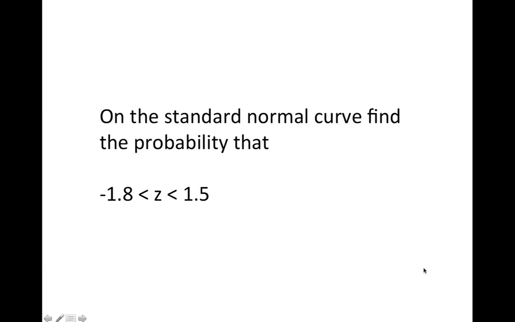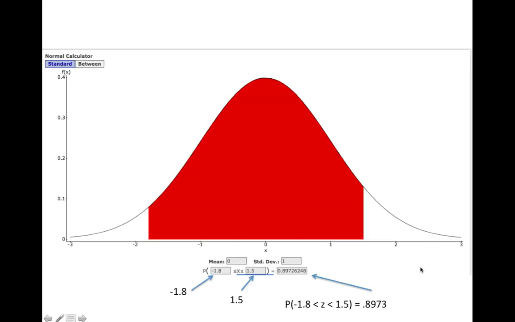Similarly, the probability that we'll find a z-score between negative 1.8 and positive 1.5. Now we're going to switch from standard, which would be a less than or a greater than, to the between. And we get this option here to supply the boundary values.